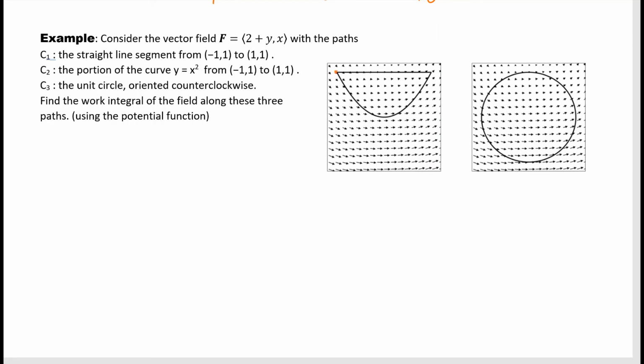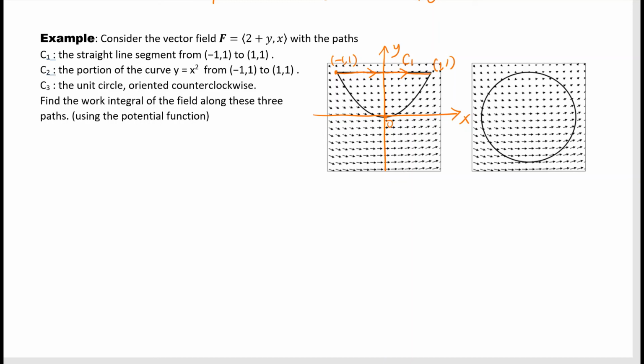We have, this is the x-axis, this is the y-axis, this is 1, 1.